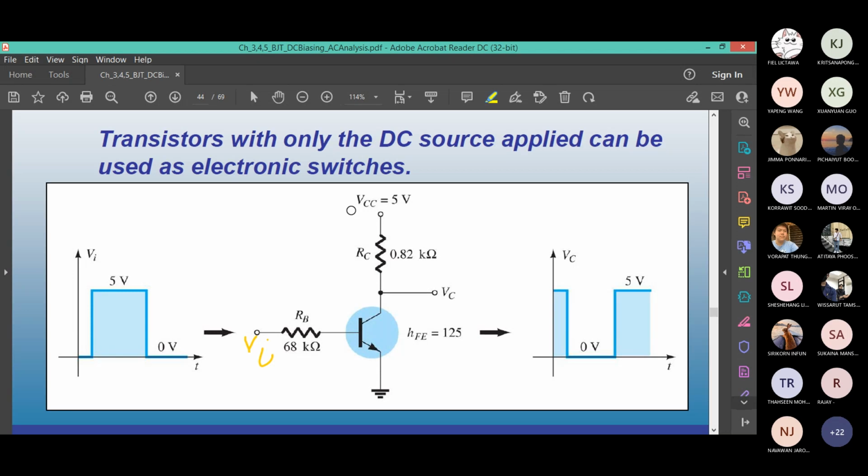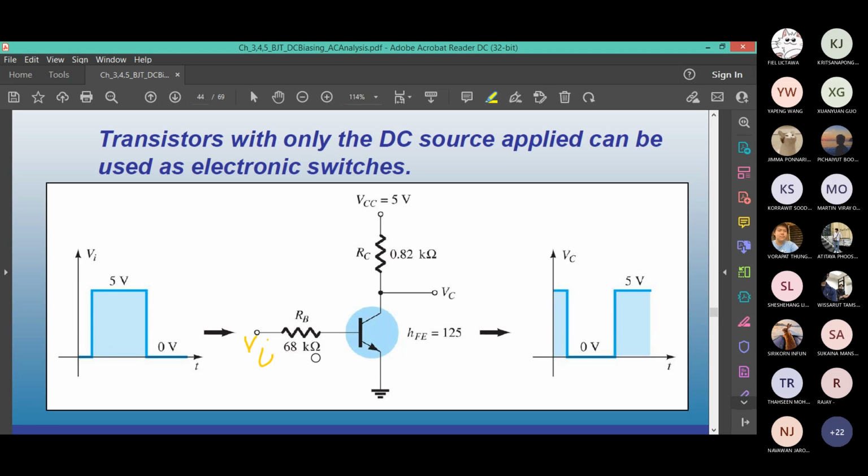When Vi is 0, what happens in the circuit? There is no current flow here, correct? Will there be any current, IB? No current.